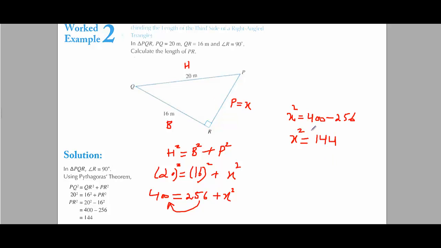Take square root on both sides and you get plus minus 12. But we will take the plus sign because length cannot be negative. We will ignore the negative value. So this is our final answer. We have found the perpendicular here.